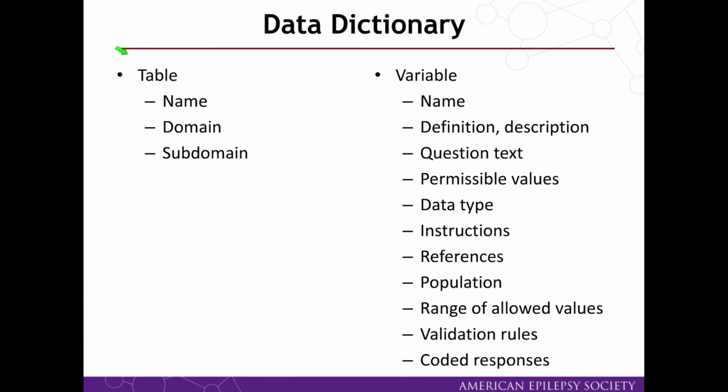So when you're developing your data plan, you'll develop a data dictionary, which will include all of the information that you're collecting, generally organized in tables, and then describes all of the variables that you collect for the study, including the name of the variable, the definition of the variable, permissible values for the data that is entered, instructions for people on how to enter the data, sometimes references to where the data variable was developed, validation review rules, and any potential coded responses.